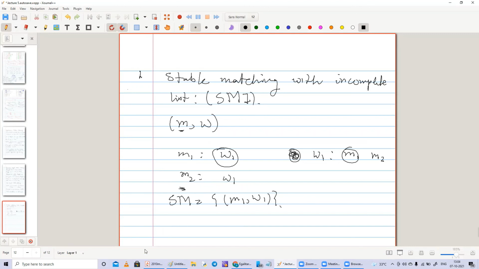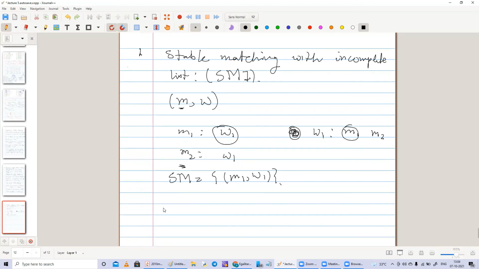After that, we are going to see the problem SMT, where there exist some men or women who have ties in their preference list. So: stable matching with incomplete lists and stable matching with ties.